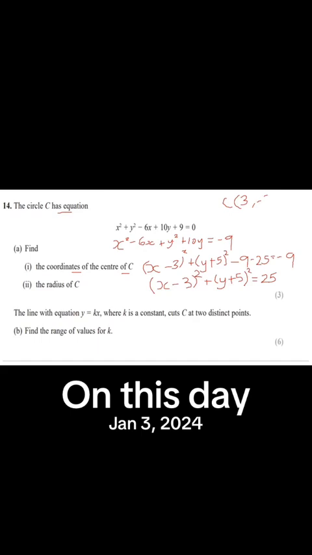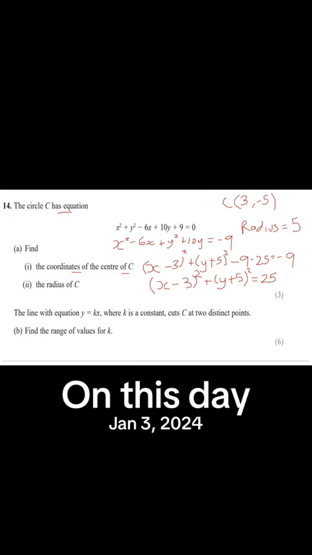You flip the sign inside the bracket, so x is 3, y is minus 5. The radius is the square root of the end number, so the square root of 25, which is equal to 5. So that's the answer to part A, i and ii.